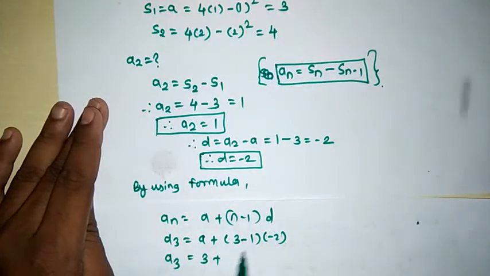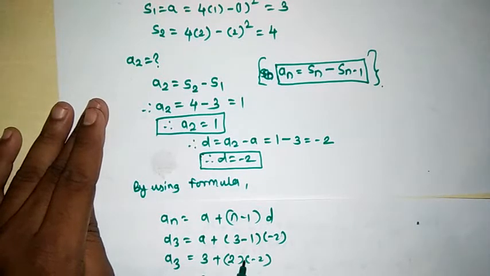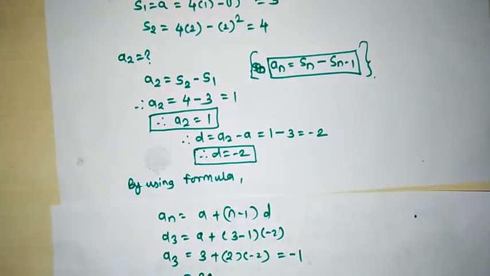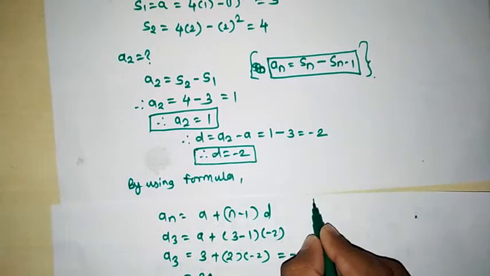Right, here 3 plus 3 minus 1 is 2. 2 into minus 2 is minus 4. 3 minus 4 is equal to how much? That is minus 1. Now here we got a3 is equal to minus 1.